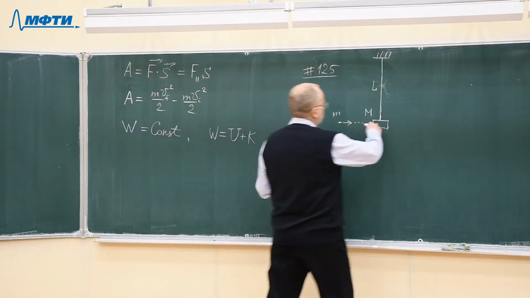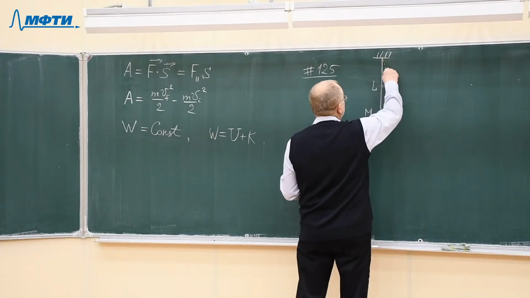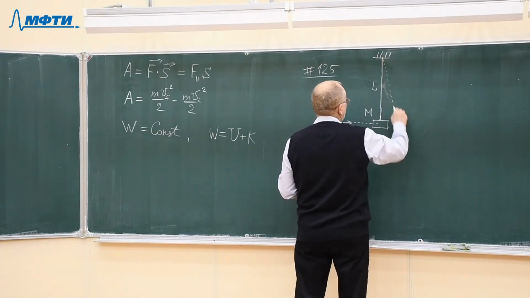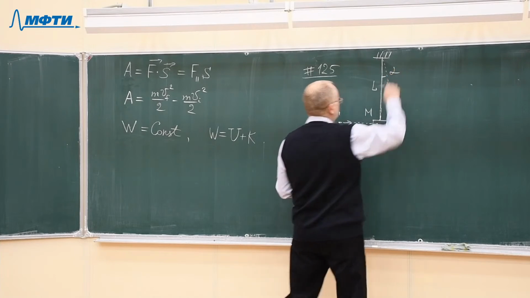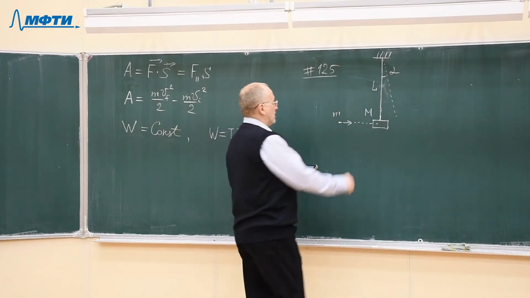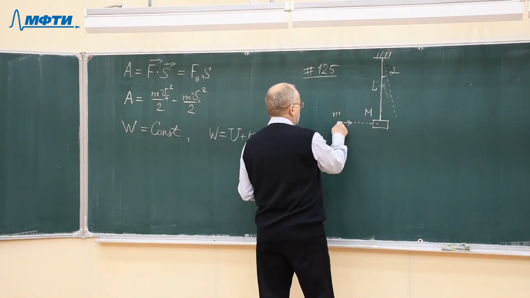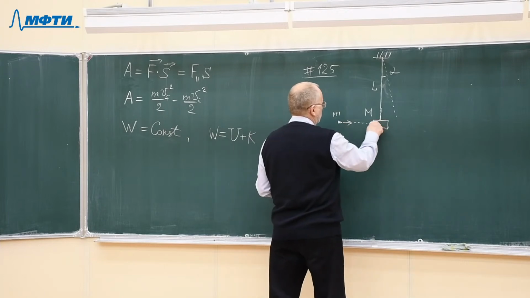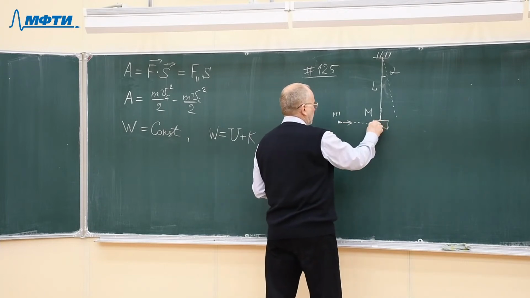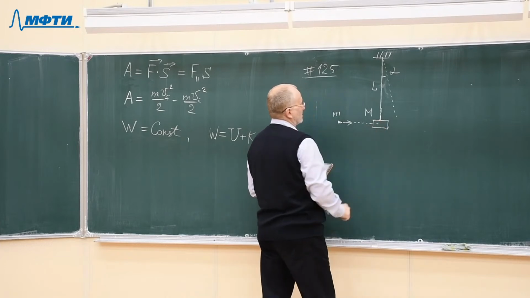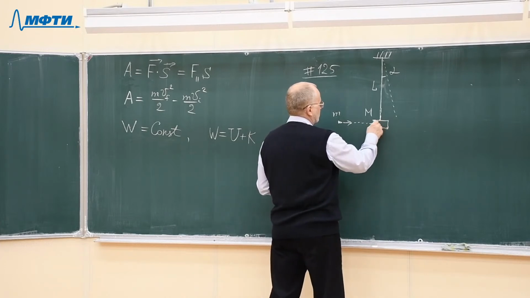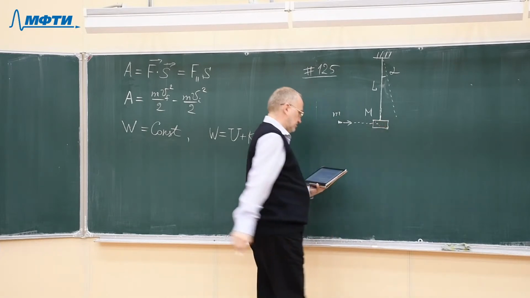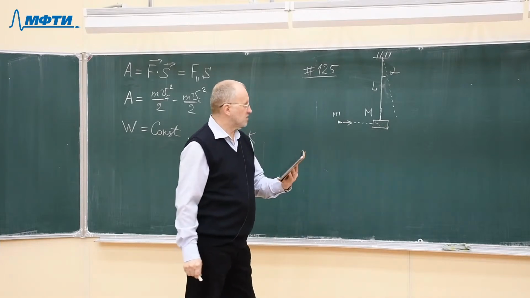After this, the rope is deflected by angle alpha. So the bullet strikes the box and gets stuck inside it because the box is filled with sand, according to the statement of this problem.